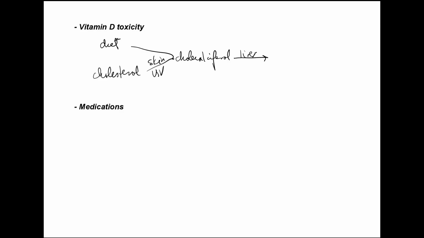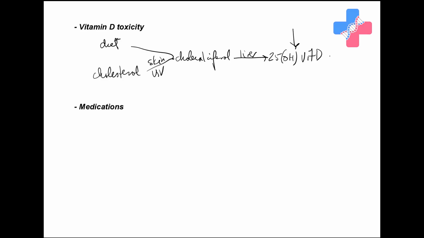Vitamin D toxicity can occur from two different pathways. Vitamin D can be ingested from the diet, or it can be formed from cholesterol in the skin, which is exposed to ultraviolet light. It will form cholecalciferol, which in the liver will be converted to 25-hydroxy vitamin D. This is the commonest storage form of vitamin D, and it has a low level of activity.